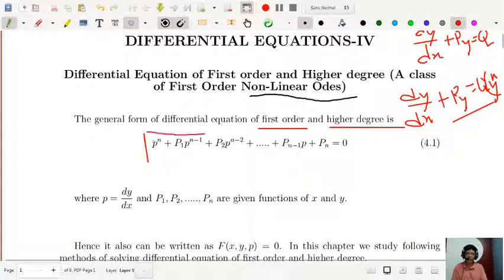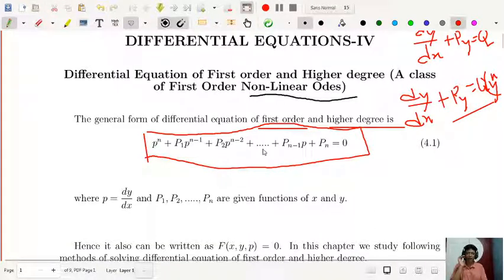What is the form? p^n + P1 p^(n-1) + P2 p^(n-2) + ... + P(n-1) p + Pn = 0. This is the form of the first order higher degree equation, where small p is dy/dx.